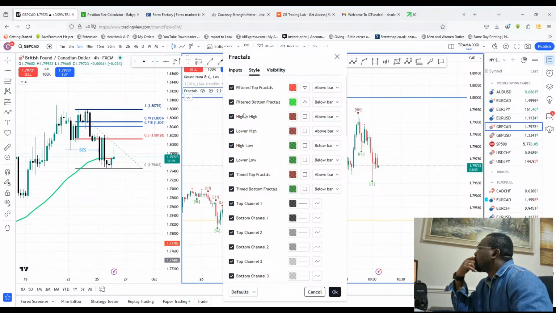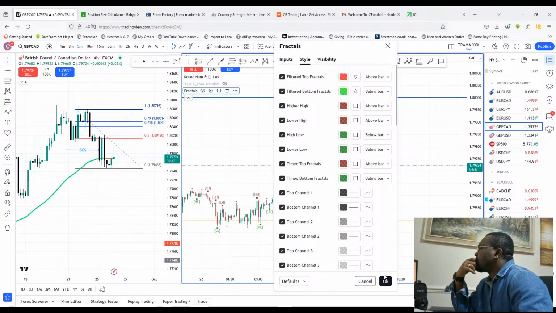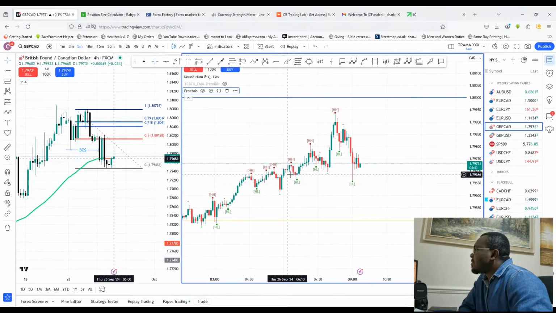The reason I have to use that is just to show you some structure here so you can be clear about it.